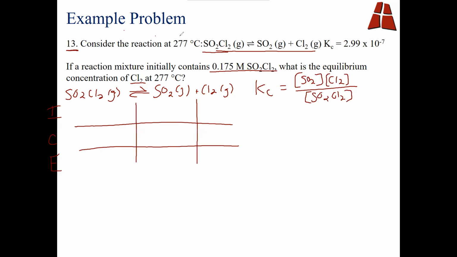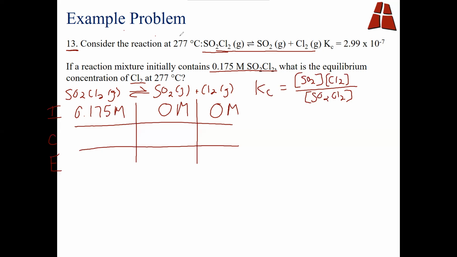And so we can, of course, go ahead and write that in. That's 0.0175 molar. And because we're not told any information about our products, we can assume that they have a concentration of 0 at the start. So if we want to get those units, we can label them 0 molar.